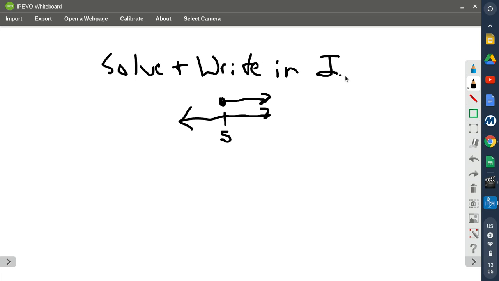I'm going to do I.N. for interval notation. To solve and write in interval notation. So, you have solved your inequality, which is x is bigger than or equal to 5. So, you solved your inequality and you graphed it. I forgot to put that in the instructions, but you graph it on a number line. Then it says write in interval notation.